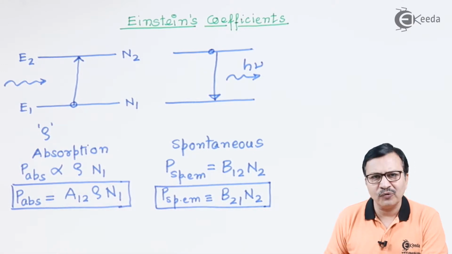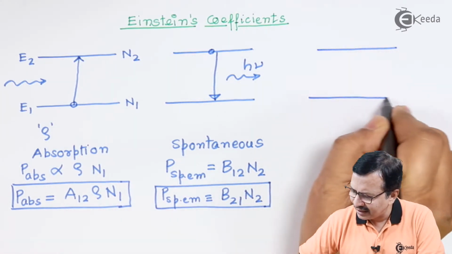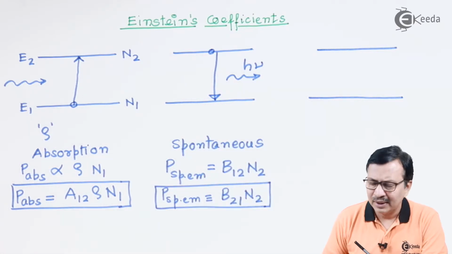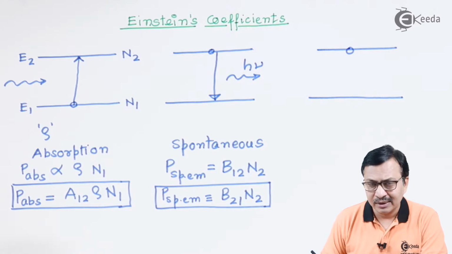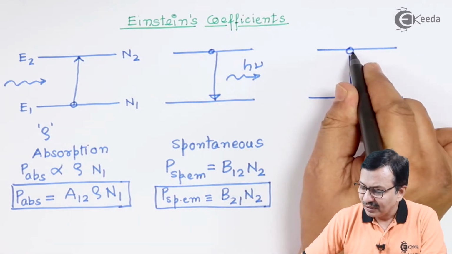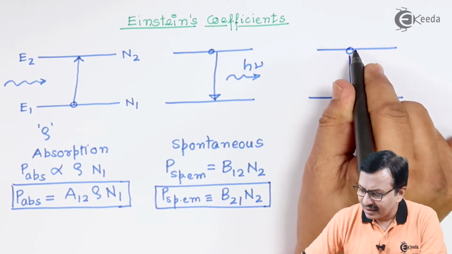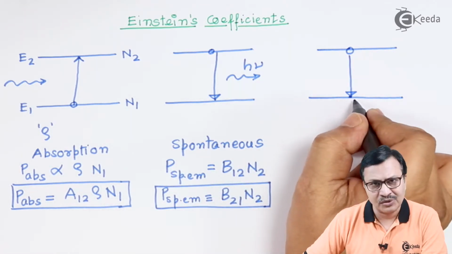There is one more way in which radiation will interact with matter, and that is the third option that we are considering. In this case, we already have photons around, and one of these photons will trigger the transition of an electron from the higher energy level to the lower energy level, or rather the atom from the excited state to the ground state.